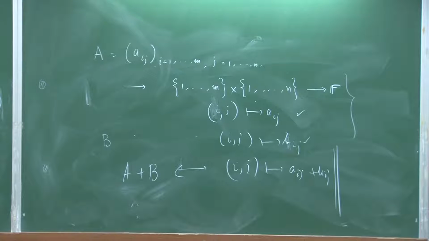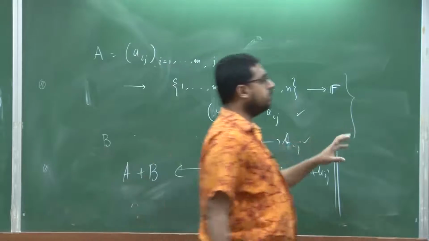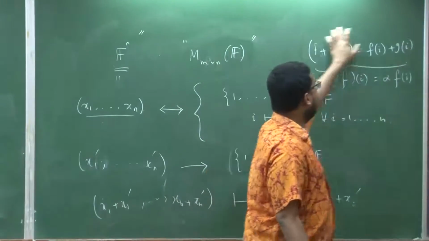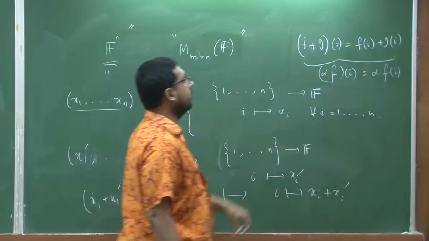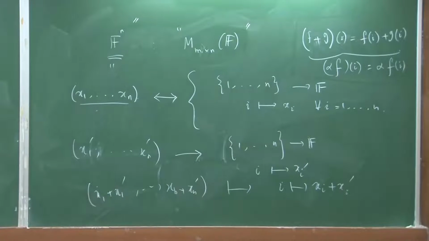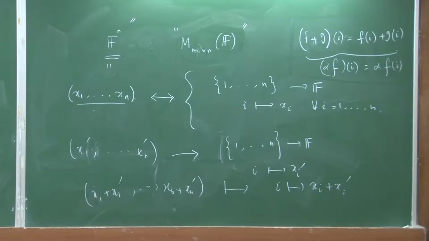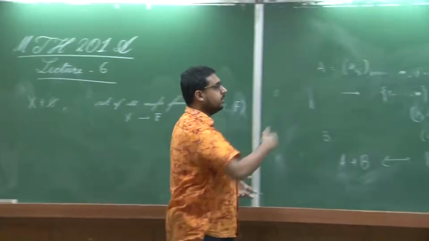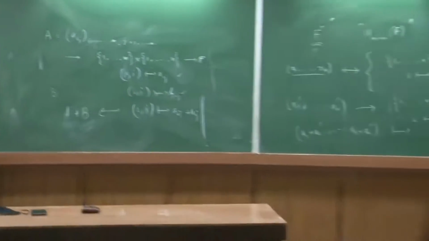Similarly for scalar multiplication. So, for both these examples we see that the addition and scalar multiplication on the space of functions is actually the pointwise addition and pointwise scalar multiplication. So, we will consider that in generality, so that these two examples become special cases of this.